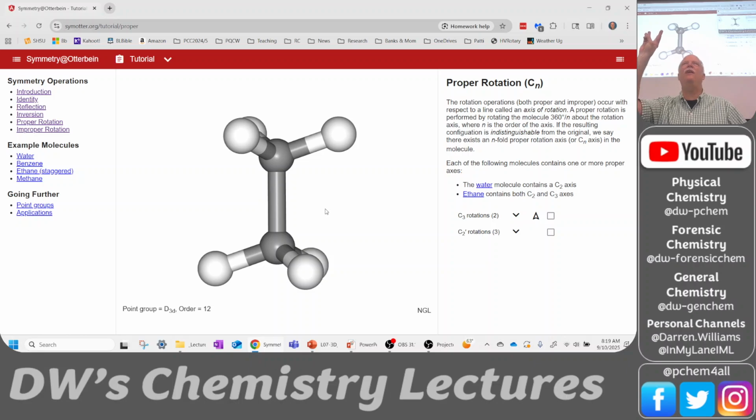How many rotations, or what fraction of a full rotation would you have for the molecule to be unchanged? Like, divide the circle into how many pieces? 3. Yeah, you see the 3 hydrogens? So you're going to take the circle that it could rotate and divide it by 3. So then you're just moving the hydrogen a third of a turn and it finds another hydrogen. What fraction of the full circle do I have to go to hit the next hydrogen? And it's a third. Okay, so that's the C3.